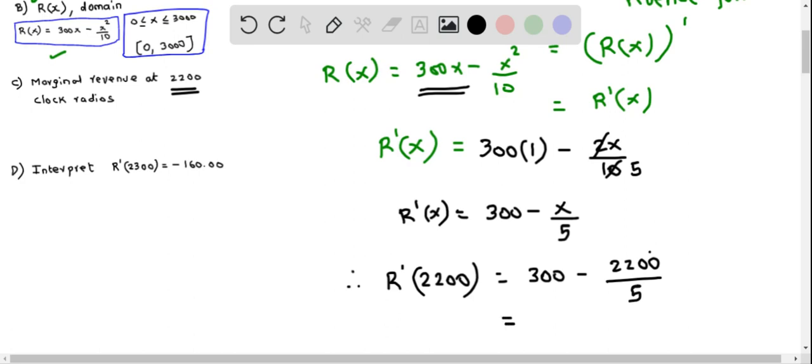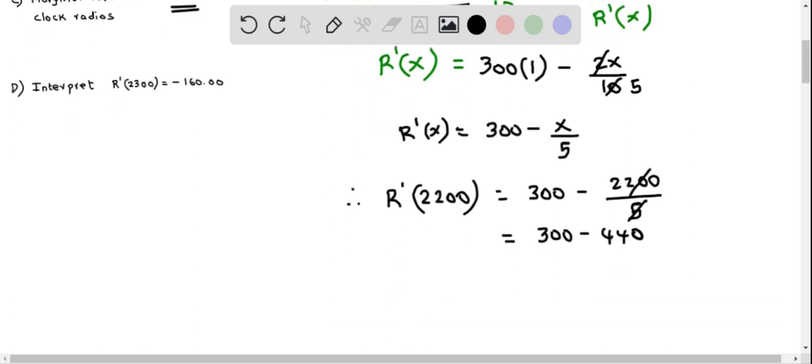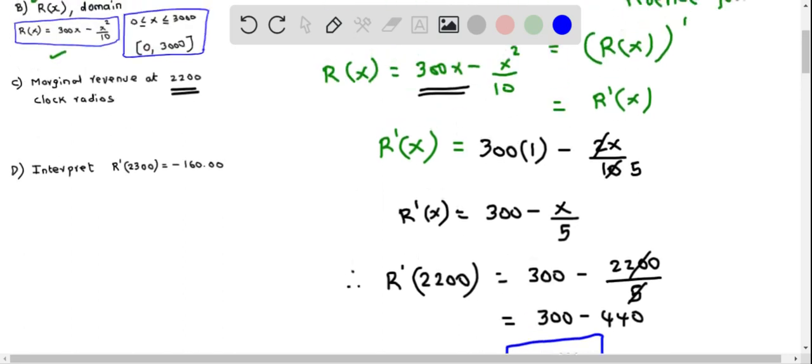When we divide 2200 by 5, we get 440. So it is 300 minus 440, and this equals negative 140. So we have determined the marginal revenue at 2200 clock radios.